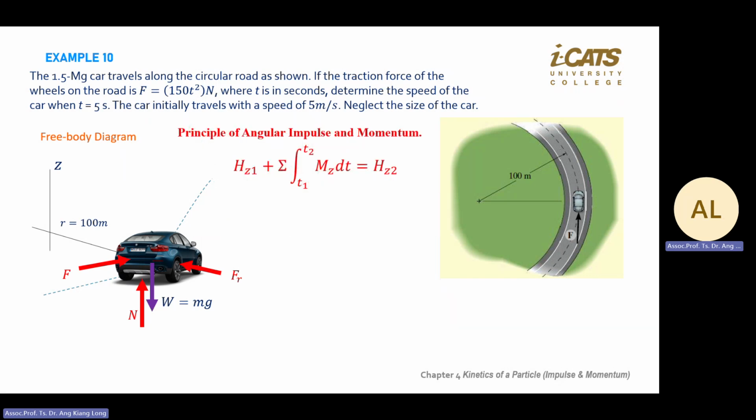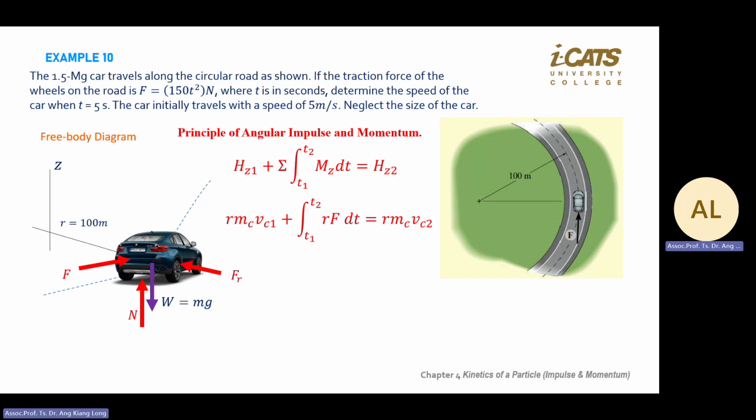Once you change the formula, you expand the equation. You know that your H is R cross MV, so you write R bracket MV. Integrate time 1 to time 2.